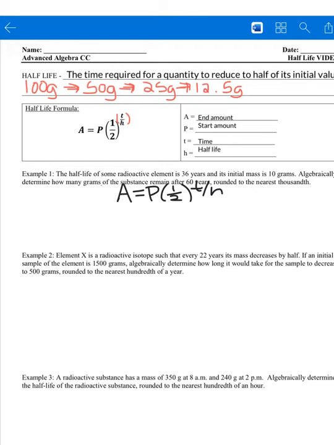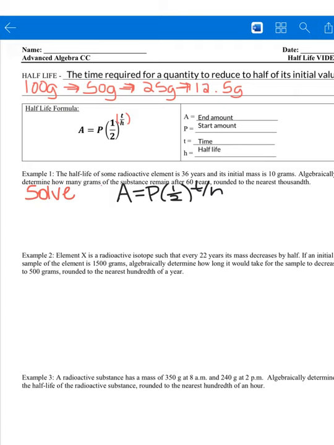So the actual question, I'm sorry. The half-life of some radioactive element is 36 years, and its initial mass is 10 grams. Algebraically determine how many grams of the substance remain after 60 years. So you are solving how many grams of the substance remains.